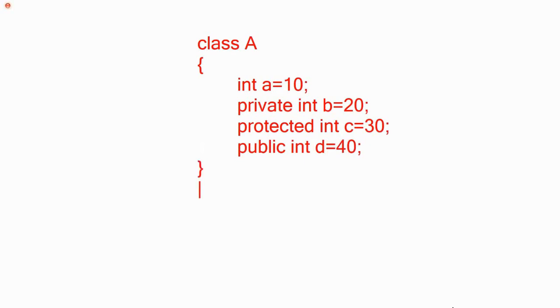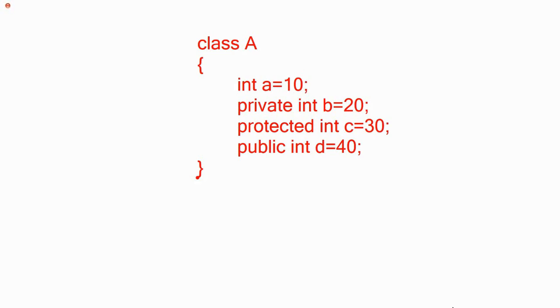It's in a class. Now, these are all which type of variables? Instance variables, class variables, or local variables? Instance variables. When is memory allocated? A also, B also, C also, D also, all memory is allocated whenever an object is created.